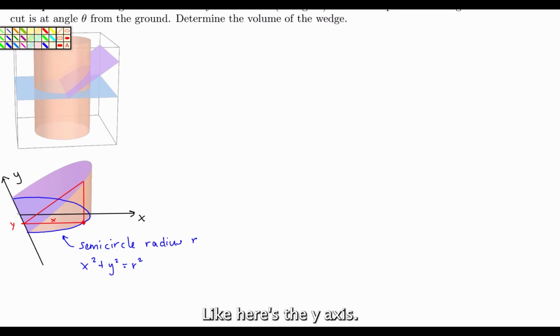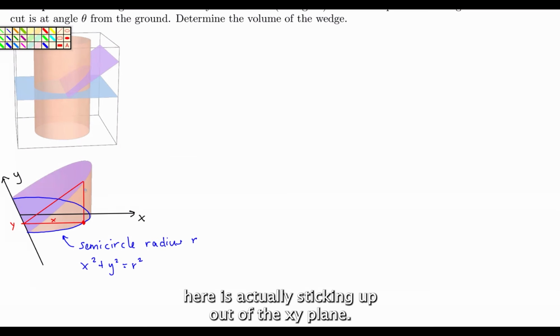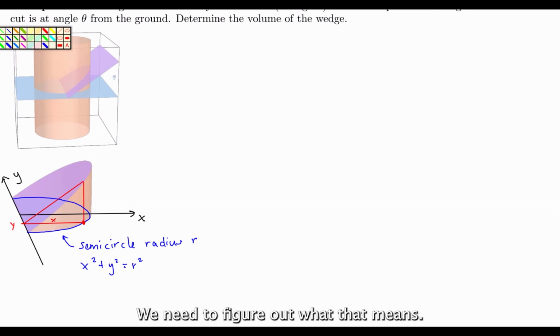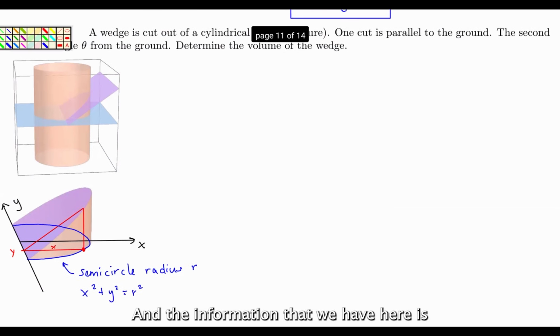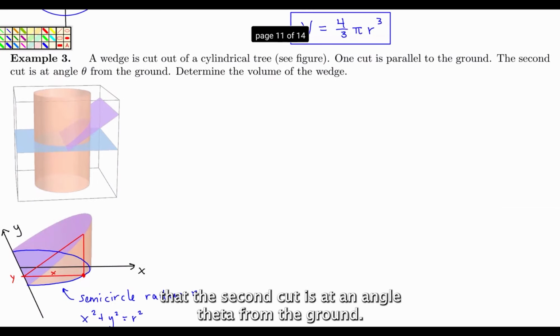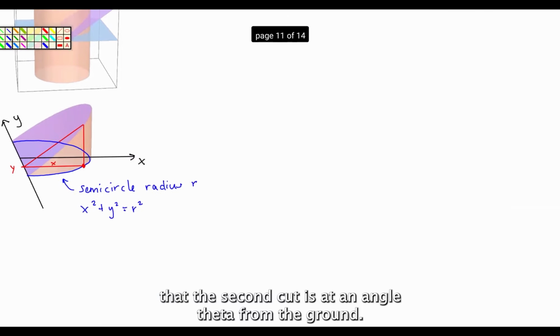Like, here's the y-axis, so the y value is relative to that y-axis. This vertical line here is actually sticking up out of the xy plane. So that might be a z value. We need to figure out what that means. And the information that we have here is that the second cut is at an angle theta from the ground.